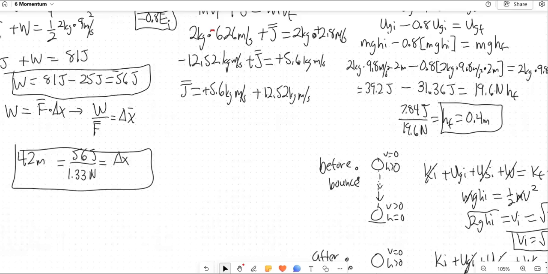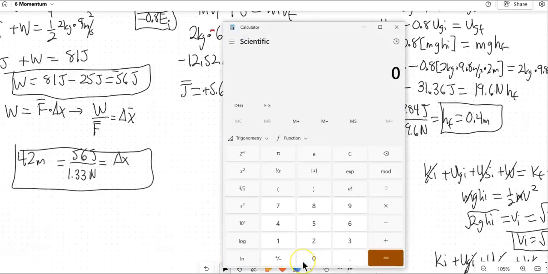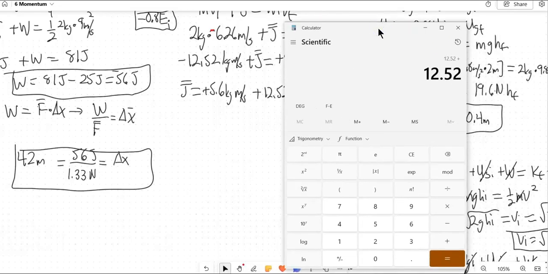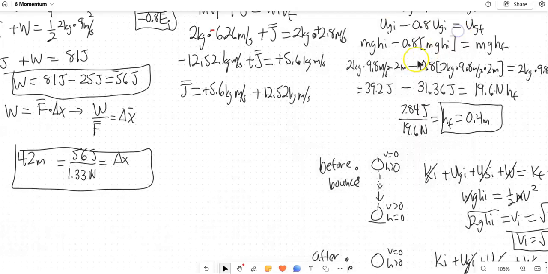And now, with our calculator, 12.52 plus 5.6. That is the impulse. 18.12. And that's also the change in momentum. So positive 18.12.